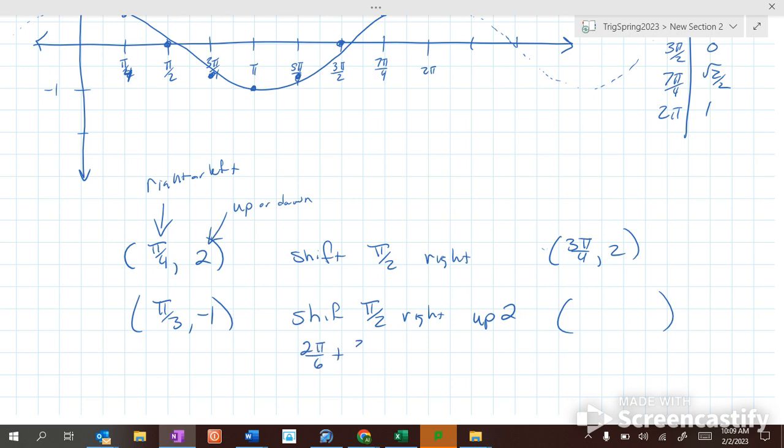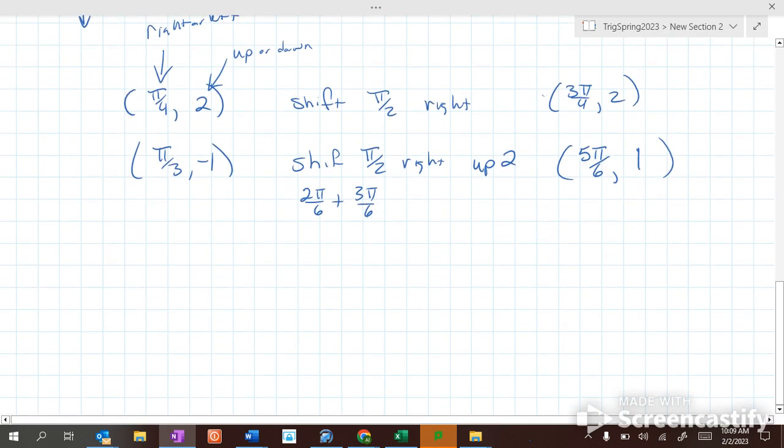Pi over 2 is 3 pi over 6. So what do I end up with? 5 pi over 6. And then negative 1 plus 2 is? 1. Ta-da. So can you make ordered pairs by shifting things around? That's pretty easy, right?